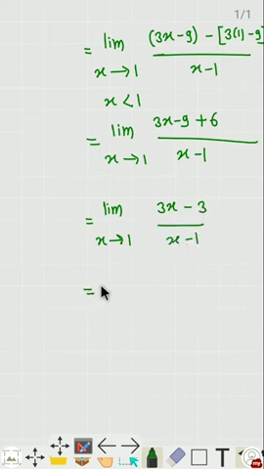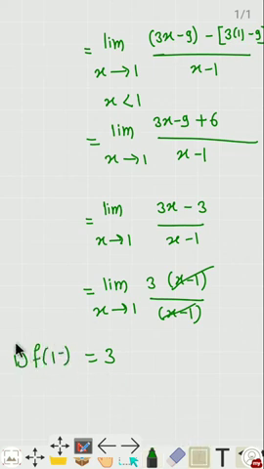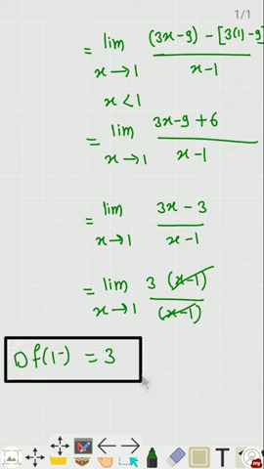Again we take 3 common, limit x tends to 1, and x minus 1 divided by x minus 1 gets cancelled, and the limit is 3, and this is the value of derivative of f at 1 minus. Okay, so this is the value of left hand derivative of function, 3.